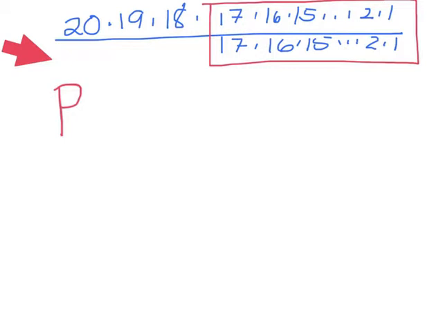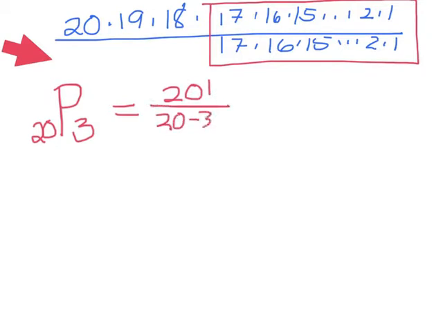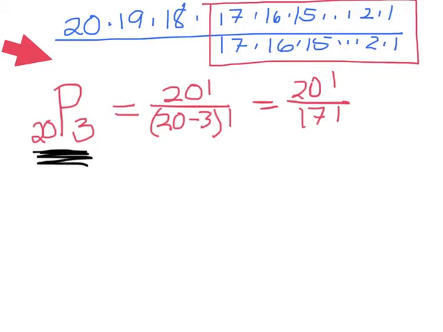The way you would write that as a formula is a permutation of 20 things, choose 3 at a time, and that would be equal to 20 factorial over 20 minus 3 factorial, which would equal 20 factorial over 17 factorial, which is exactly what I have written in these 2 fractions. So the way we write the formula for a permutation is right here.